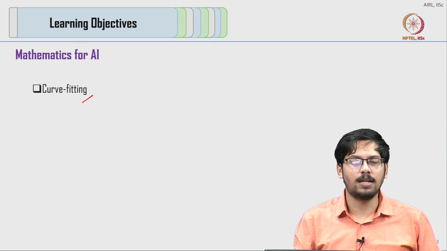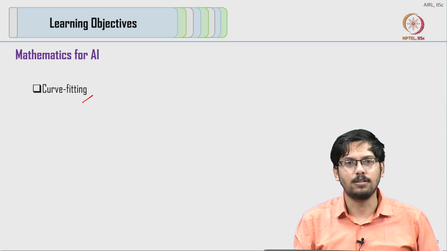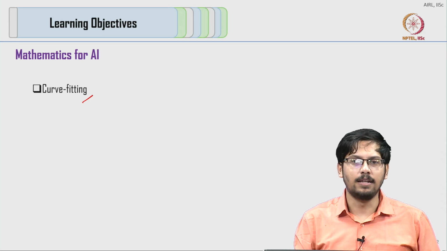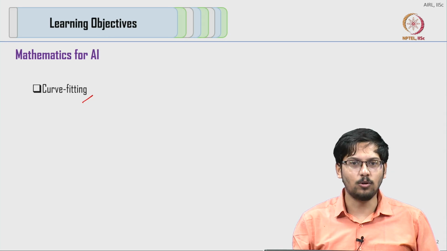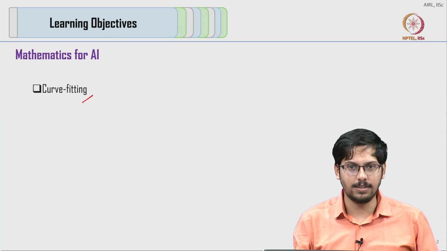Essentially in our example we had about 10 points with some noise, and we would want to learn the proper curve of sine 2 pi x using our weights.